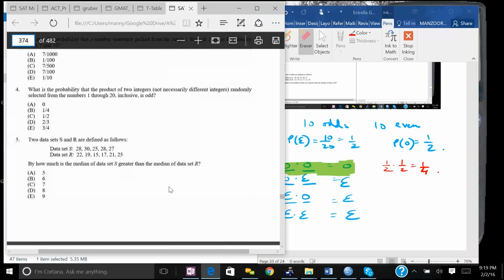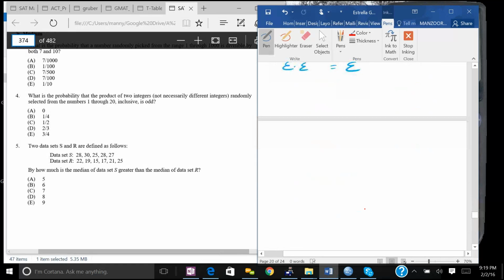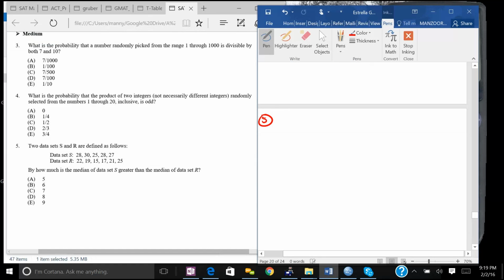Let's see. Number 5. How did you do that? The median is the average, so I may have to add them all and divide by 5, and add them all and divide by 6.